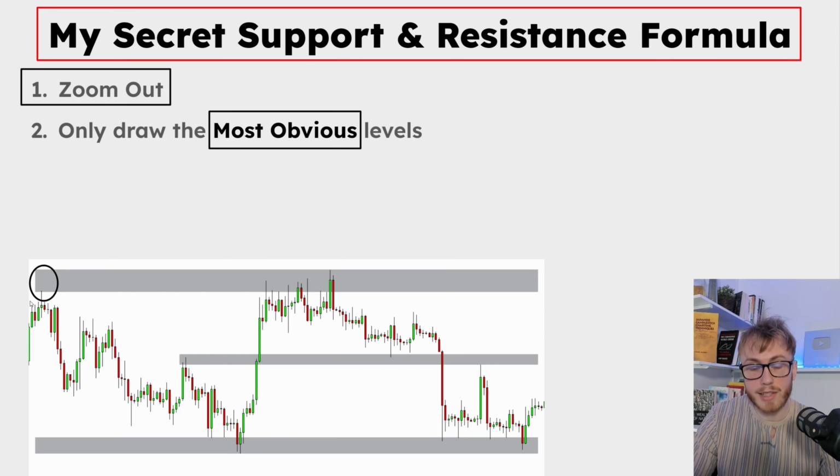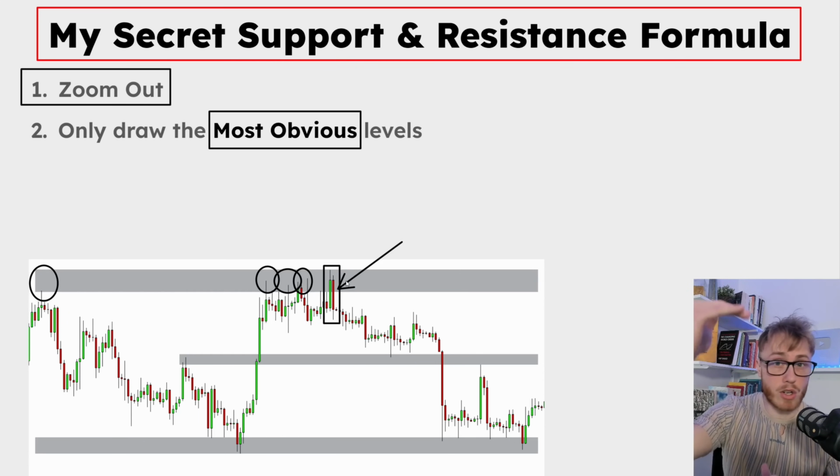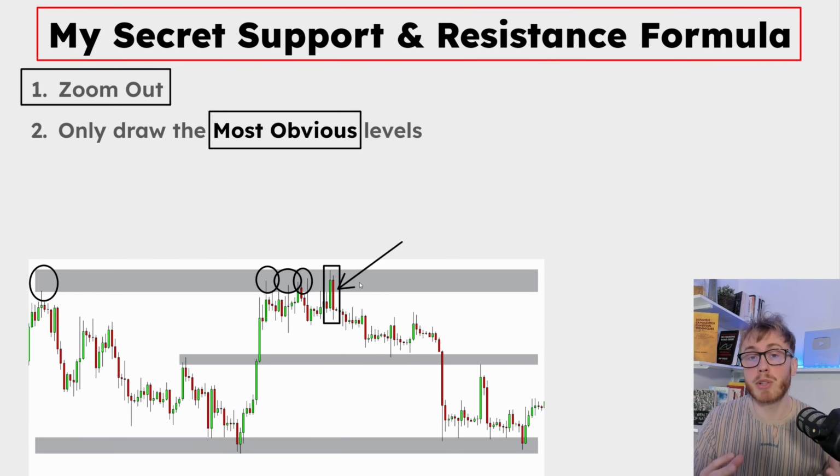We had one touch right here, and during this part we got multiple tests of the resistance, and the sort of final nail in the coffin was this very strong reaction on the resistance area. To get a strong reaction like we saw right here, we need to have either lots of sellers or smart money stepping in and selling. So this is a great indication that we're talking about a strong resistance level.